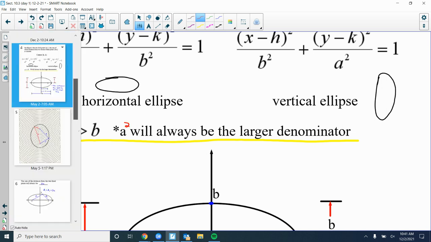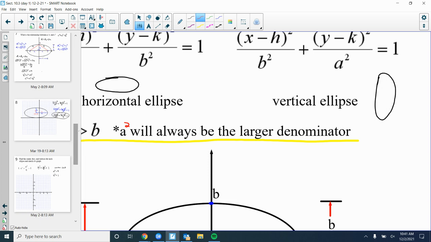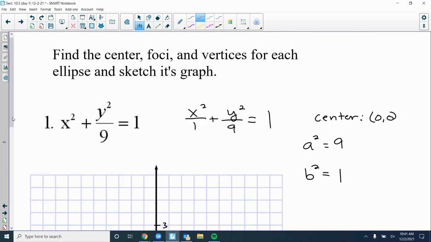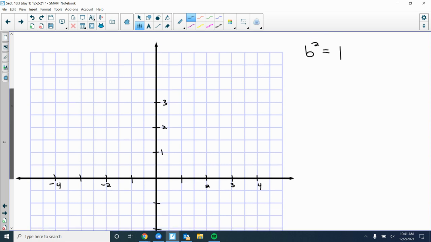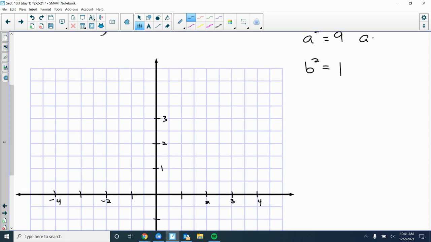Okay, so we've got that. A squared equals 9, which means A equals 3. And B squared equals 1, which means B is 1. So I start at the center, 0, 0.